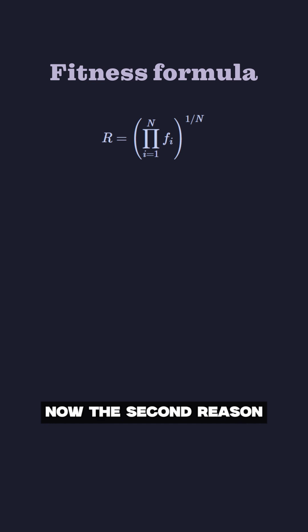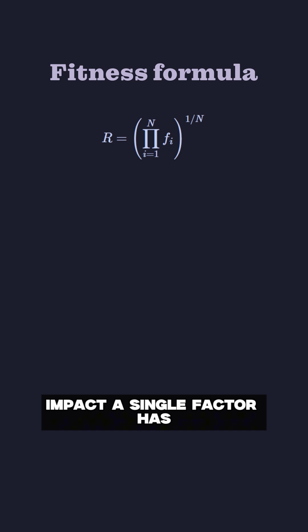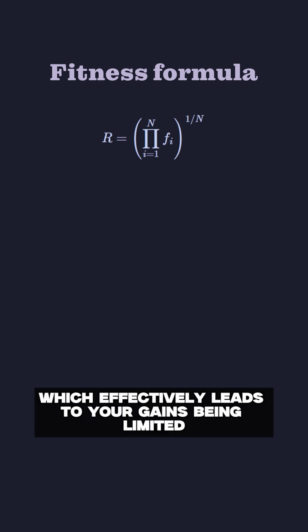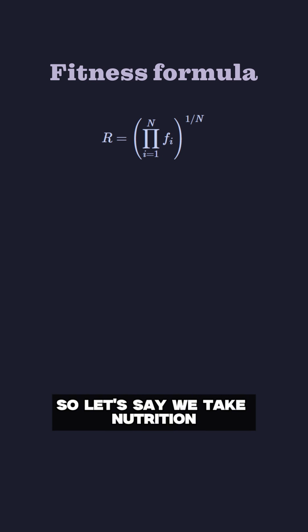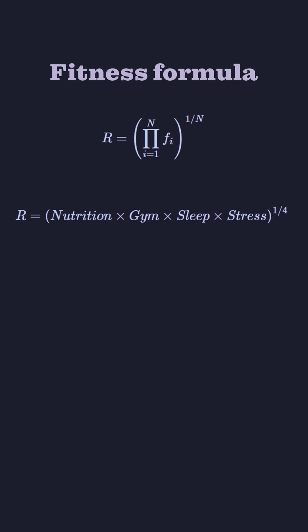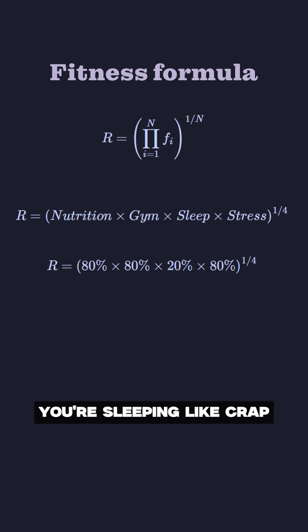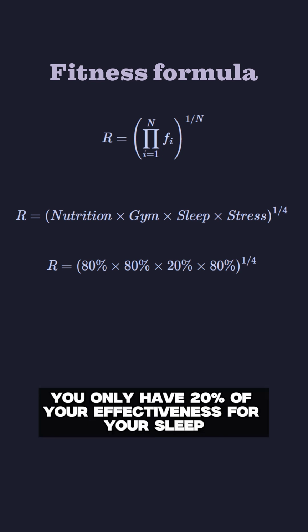Now, the second reason why I like this formula is because it shows how much impact a single factor has, which effectively leads to your gains being limited. So let's say we take nutrition, gym, sleep, and stress as 4 factors. And we give 80% to everything except your sleep. You're sleeping like crap, so you only have 20% effectiveness for your sleep.